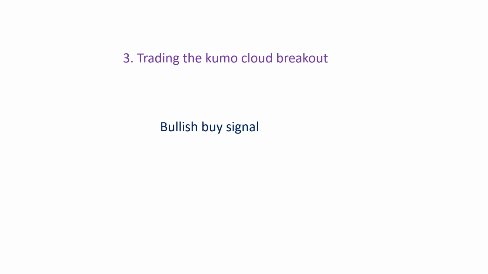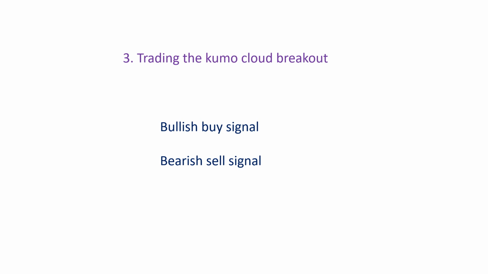Finally, the last trading strategy is trading the Kumo cloud breakout. When the price enters the Kumo cloud and breaks out and exits the upper edge upward, it generates a bullish buy signal, and traders should prepare to go long or enter the trade. When price enters the Kumo cloud and breaks out and exits the lower edge downward, it generates a bearish sell signal, and traders should prepare to go short or exit the trade.